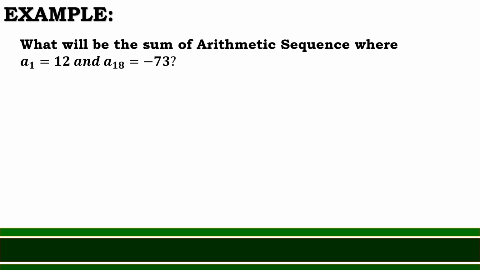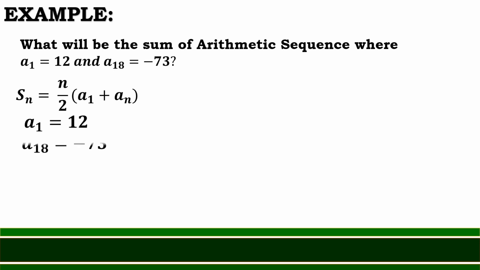What will be the sum of arithmetic sequence where a sub 1 is 12 and a sub 18 is negative 73? In this case, pwede natin gamitin yung second formula na meron lang tayong first term at last term. First term here is 12 while the last term is negative 73. Dahil ang last term natin ay a sub 18, pwede nating sabihin na ang value ng n ay 18.